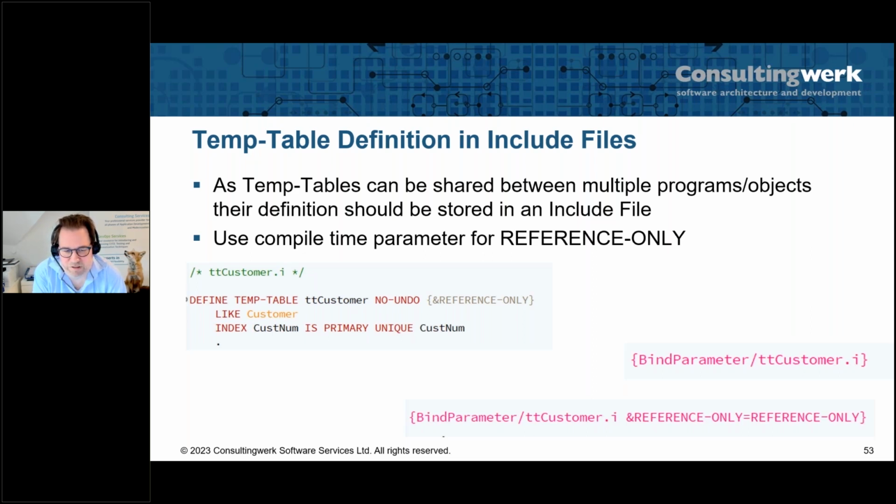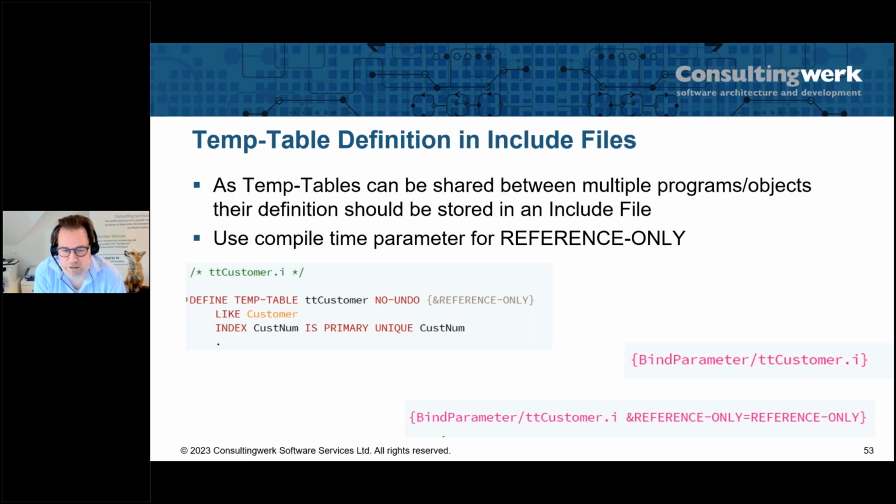And well, as seen in all my programs, I was always using the temp table definition in the programs themselves. In our real world programs, what we usually do is have the temp table definition in an include file. I know a lot of programmers are quite negative about the use of include files, because I think it's a construct of very old programming languages. But I still believe that, especially for defining temp tables and data sets as shared data types, the include file is the best solution.